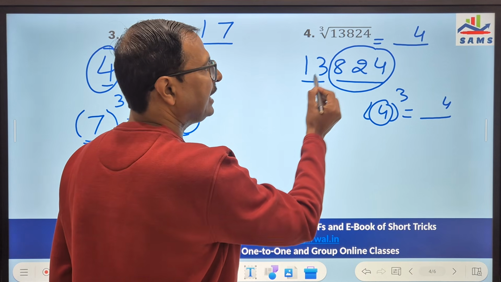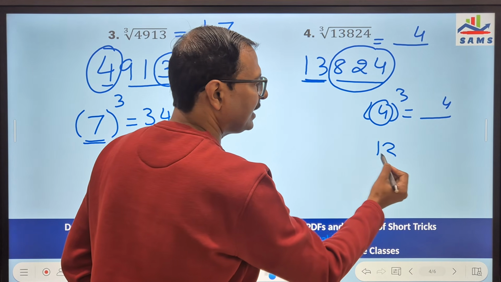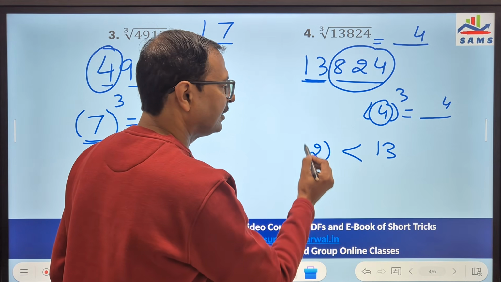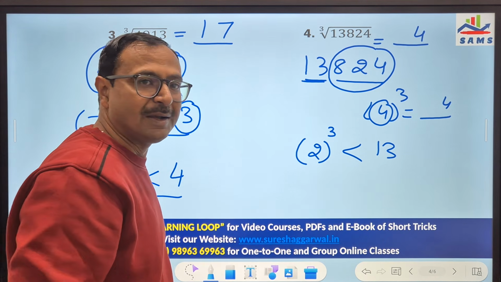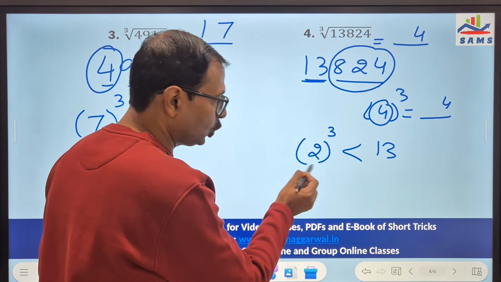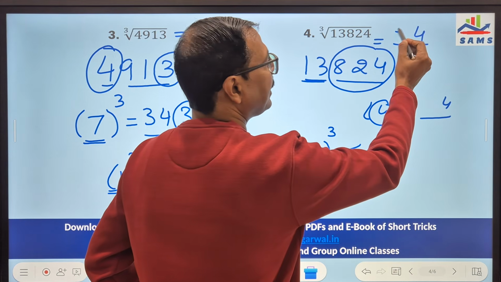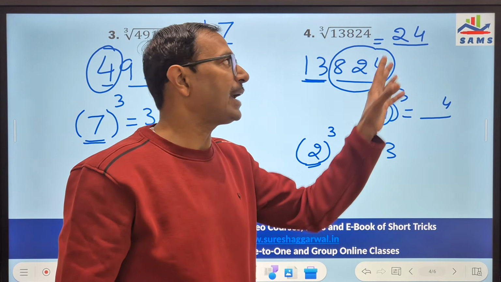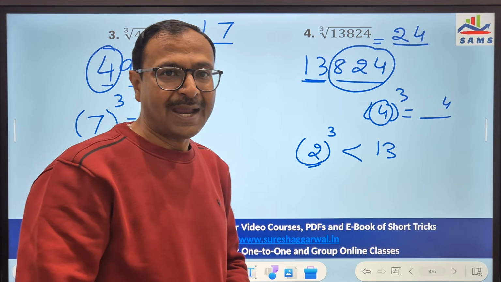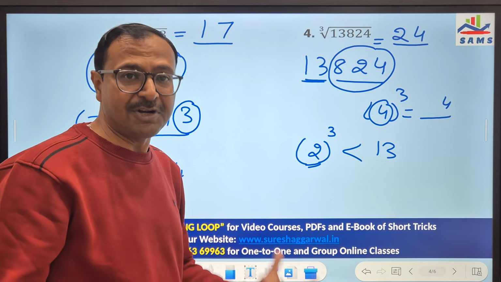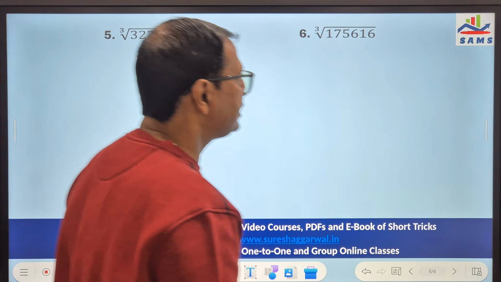And how about the remaining part, 13? 13 has 2 cube, 8, which is very close to 13, and 3 cube crosses 13. So I don't want to cross 13. So 2 is the remaining part, and that gives me the cube root of 13824 as 24. And similarly, you can actually do 6-digit numbers, 7-digit numbers also, and you will see the beauty.